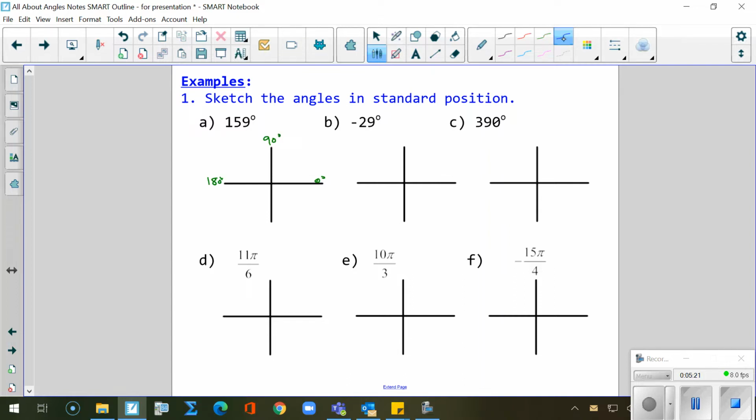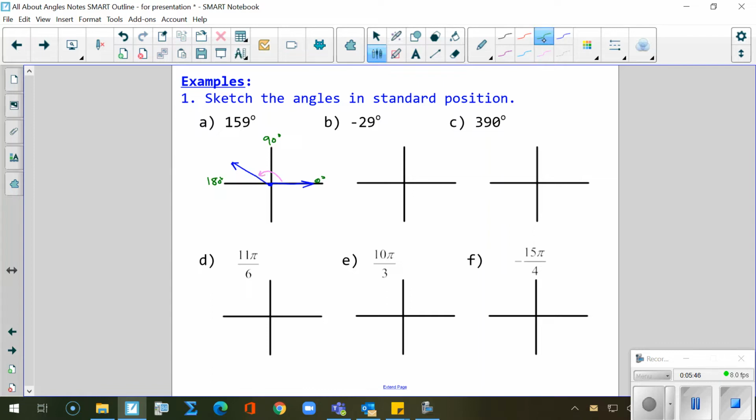So I would draw my initial side, always in the same place. 159 is between 90 and 180, a little bit closer to 180. Okay, and I'm not done yet. I must indicate that this is the 159-degree angle.